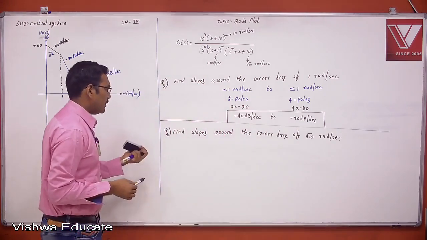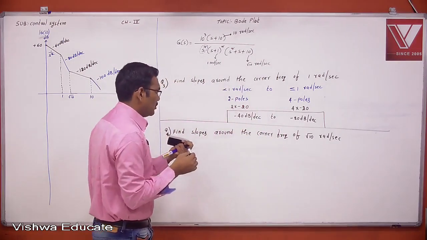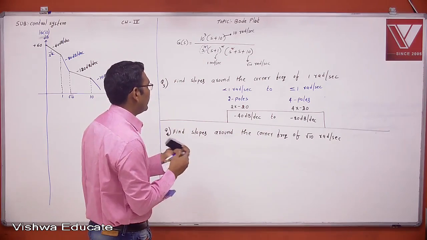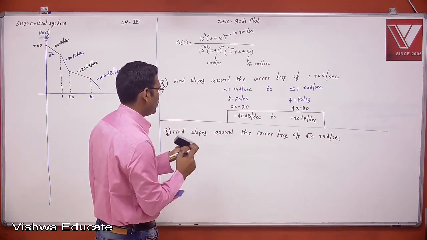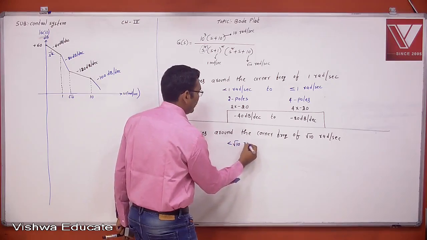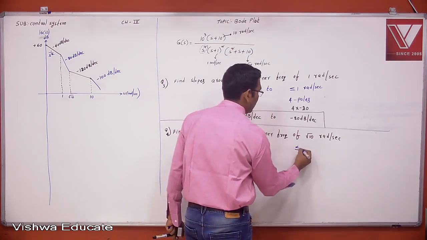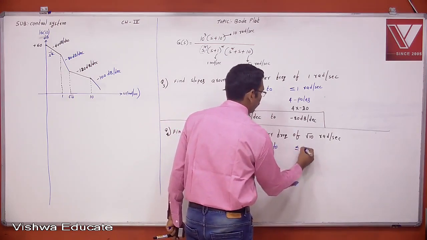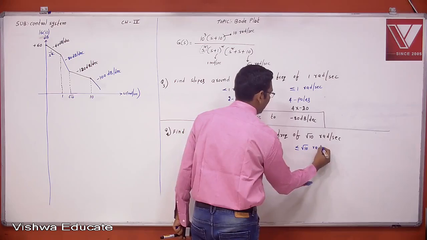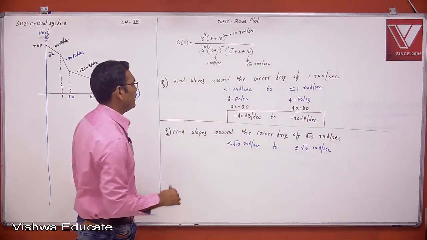Similarly, you find the slopes around the corner frequency of root 10 radians per second, with the same procedure. First, less than root 10 radians per second, and next, less than or equal to root 10 radians per second.